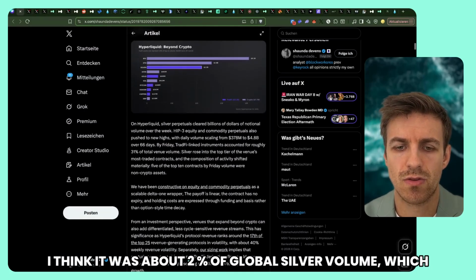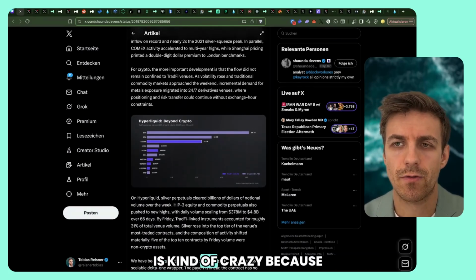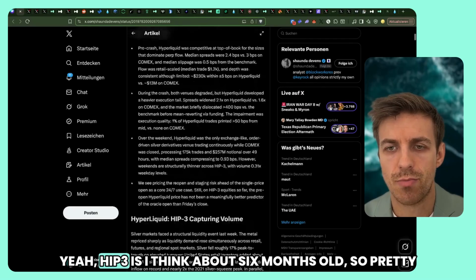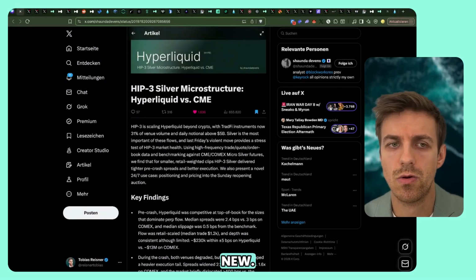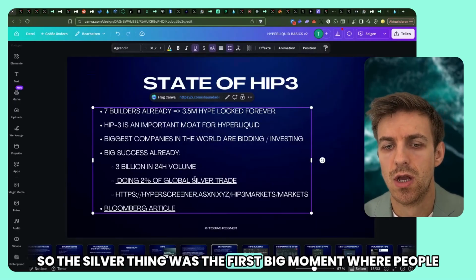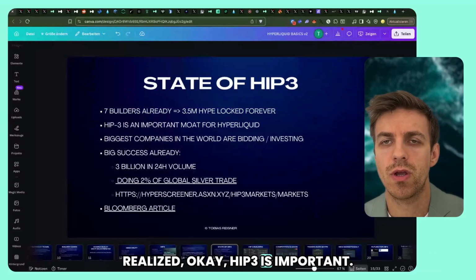I think it was about 2% of global silver volume, which is kind of crazy because HIP-3 is about 6 months old, so pretty new. So already a lot of interest. The silver thing was the first big moment where people realized, okay, HIP-3 is important.